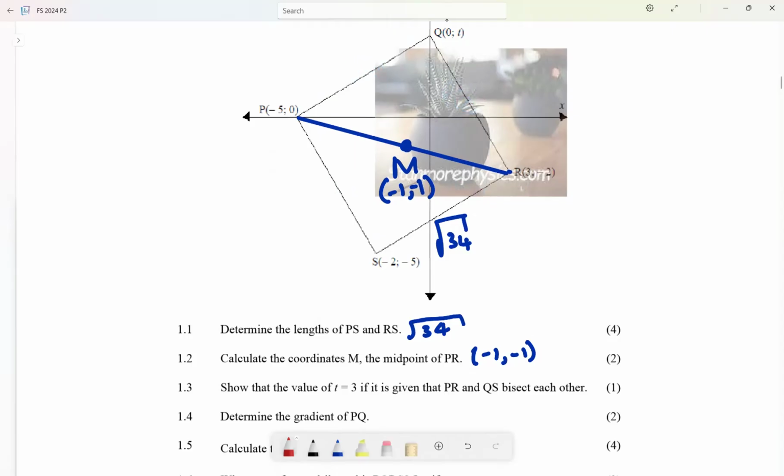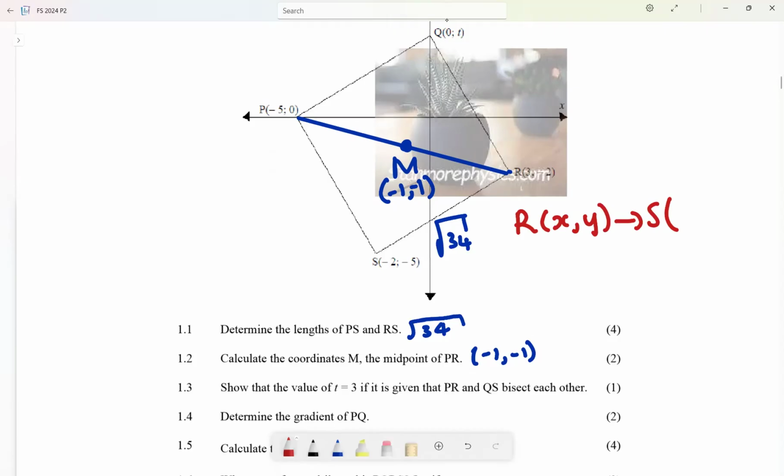So you can use the distance formula, but I want you to check the easier method. From here to there it is equal, similarly to there to there. So whatever this x coordinate here, if here it is -2, to there it is 3. I want you to check something. The coordinate of S, to get the coordinate of R, what did they do to S?